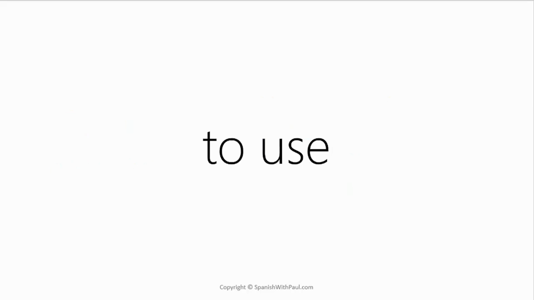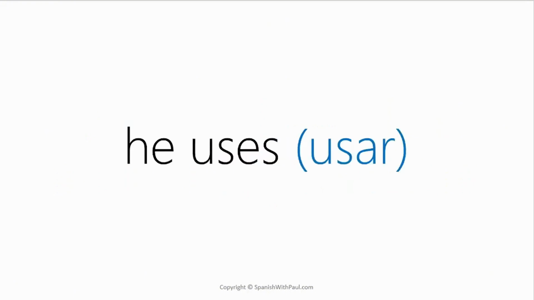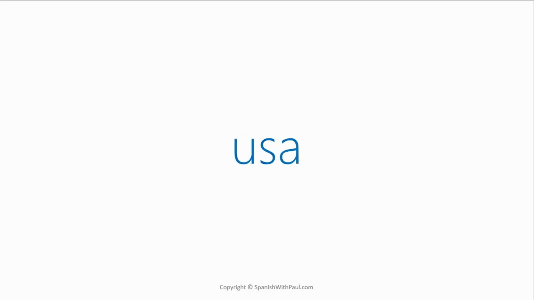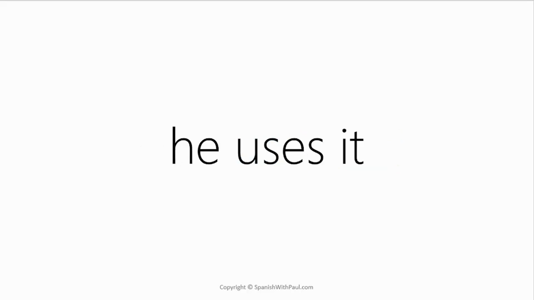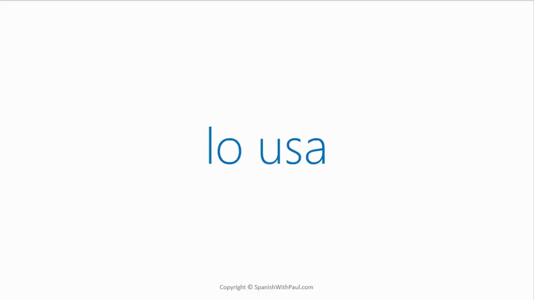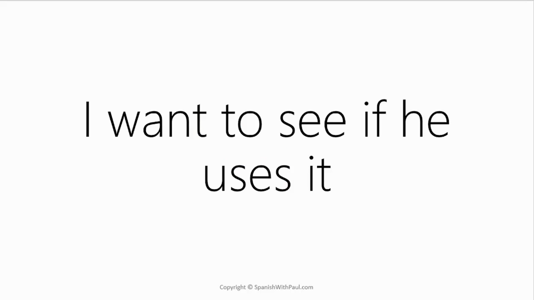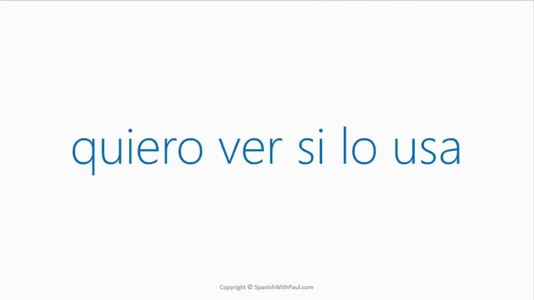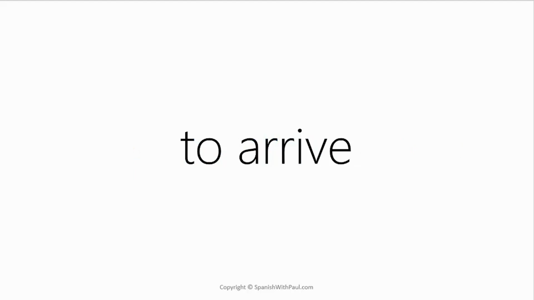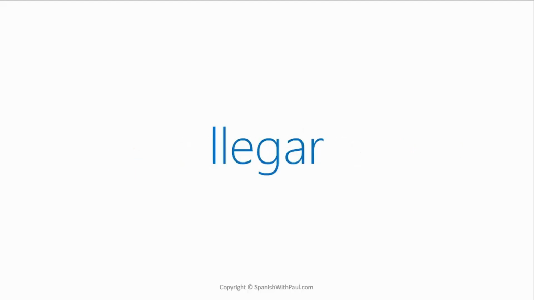What's the verb to use? Usar. And how do you say he uses? Usa. He uses it. Lo usa. I want to see if he uses it. Quiero ver si lo usa. The verb to arrive is llegar.